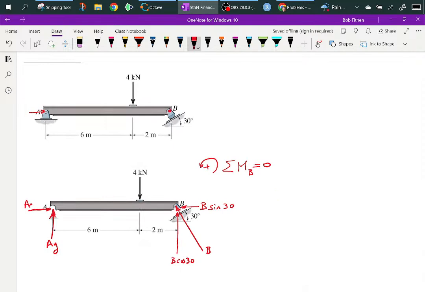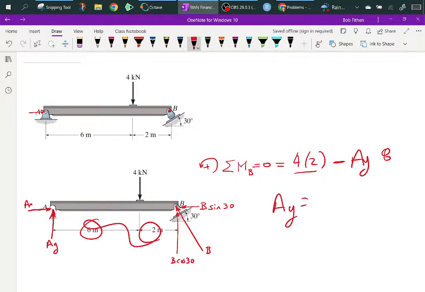Essentially you would have this force supplying a moment this way, which would be 4 kilonewtons times 2 meters. Then I have this one applying a moment that way, which is minus AY times 6 and 2 is 8. So AY, moving that to the other side, is equal to 1.